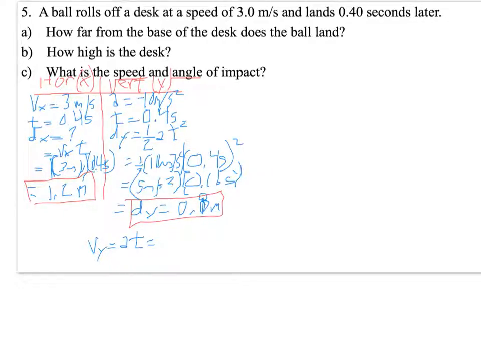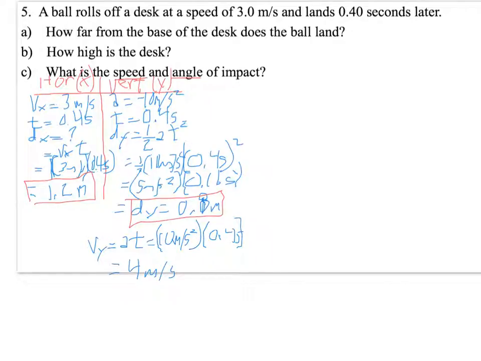So we can substitute in our 10 meters per second squared. That could be minus 10 if we want to look at the negative component of that velocity, and we plug in our time, 0.4 seconds. When we use 10 for our acceleration due to gravity, it becomes trivial, and we end up with 4 meters per second.